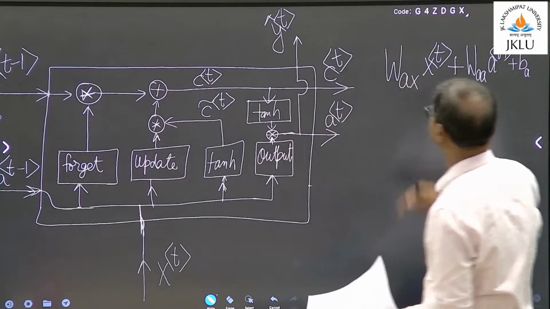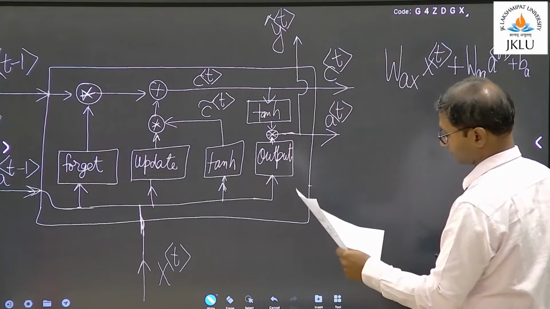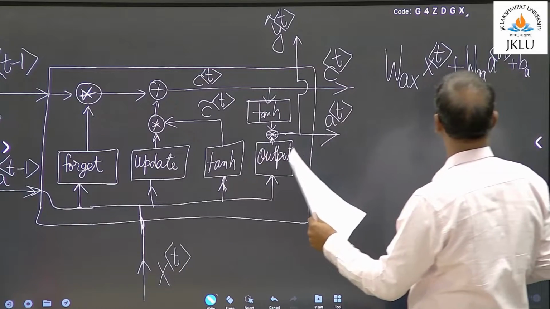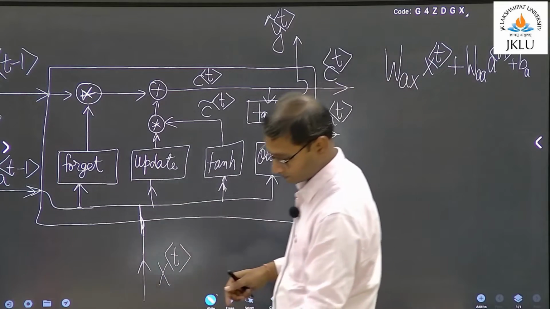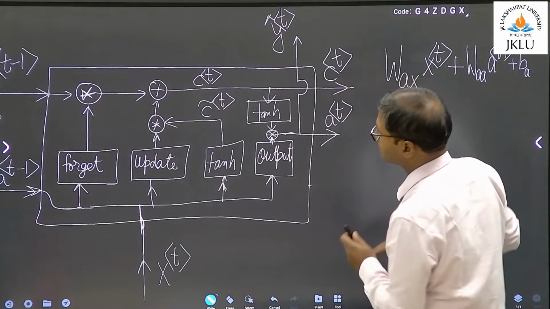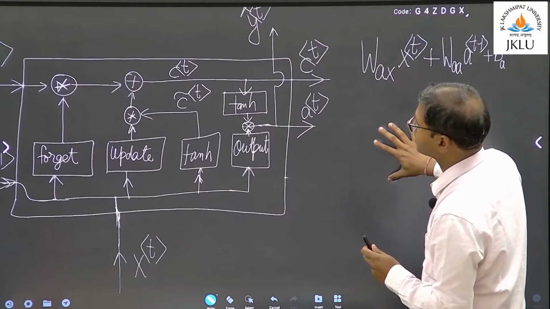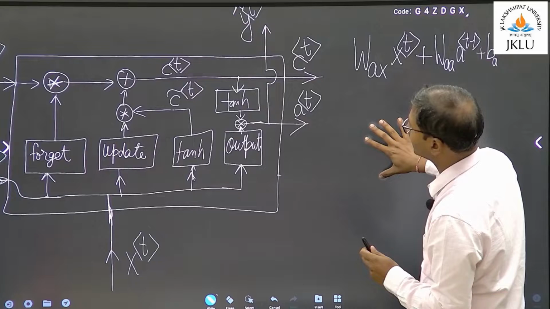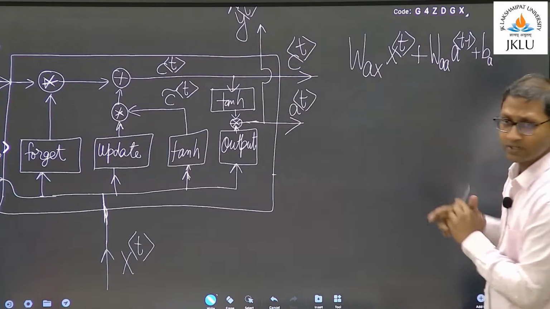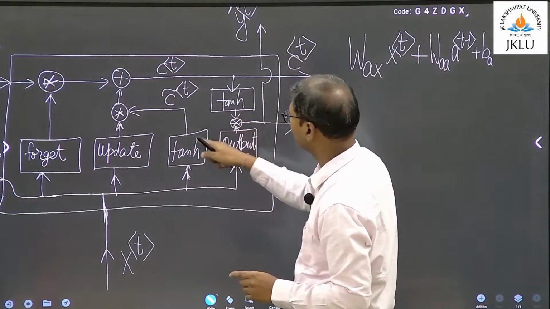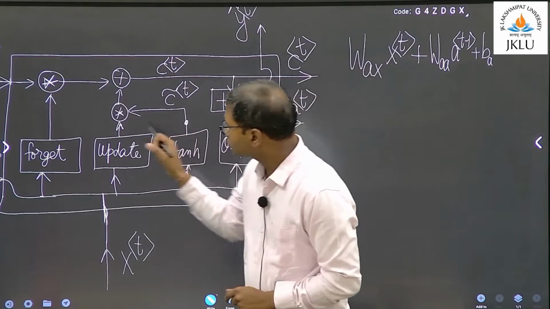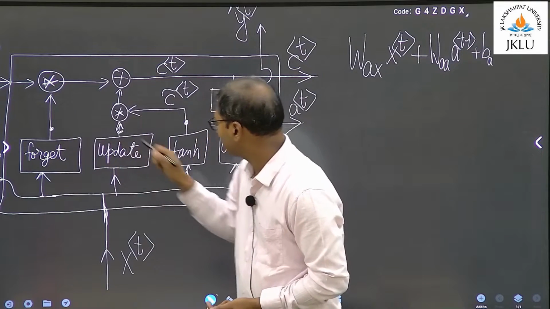Now I need more space. But I want to keep this figure also. So we have this equation, and this equation was for what? If you put tanh here, we are talking about what lies here. So we want to see what lies here, what lies here, and what lies here.